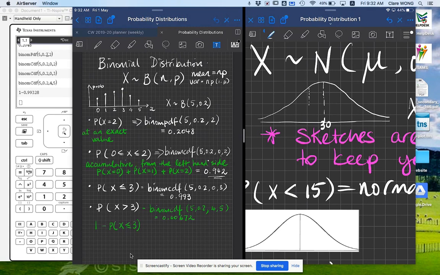So take one standard deviation away, we get 25. If we add one standard deviation, we will have 35. And you can keep going. This is 2 standard deviations away. This is 3 standard deviations away. If we know what variables we are dealing with, we can also label here to make it very clear.